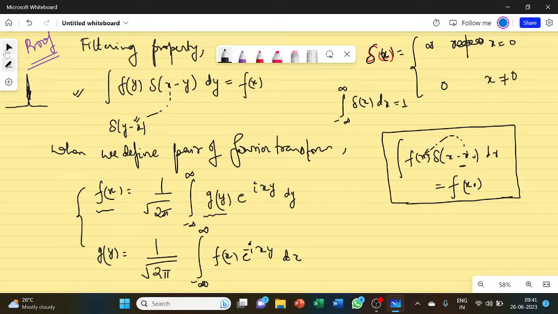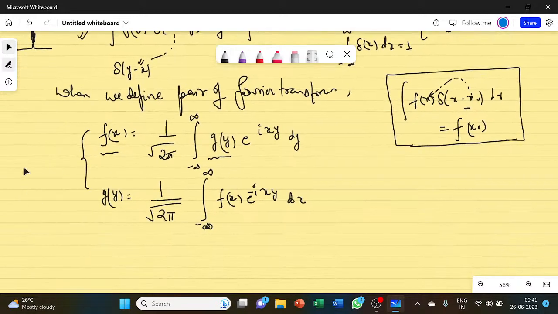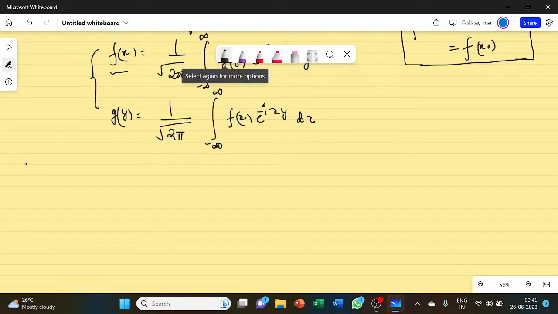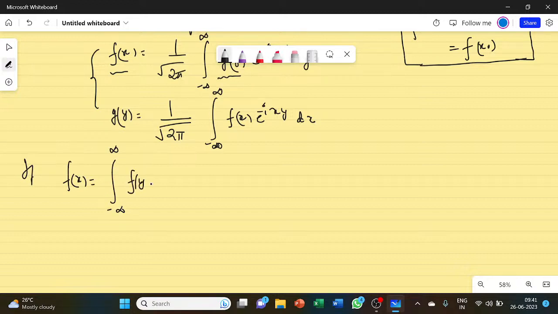Now you see, f of x, I can also write as simply the integral from minus infinity to plus infinity of f of y Dirac of x minus y dy.